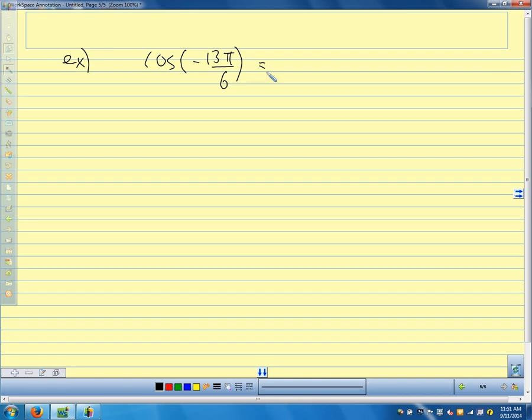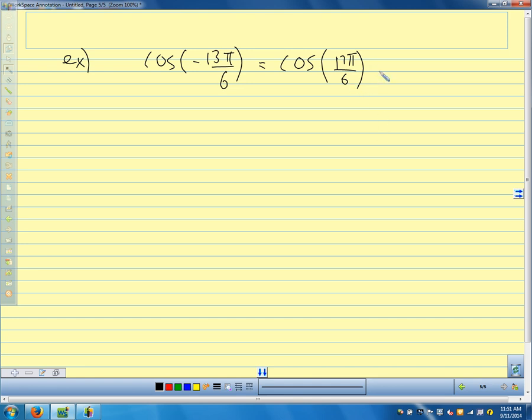Even. So that tells me that the cosine of negative theta is the same as the cosine of theta. I don't have to worry about that negative sign. The x coordinates of these two angles are the same. The position on the unit circle.